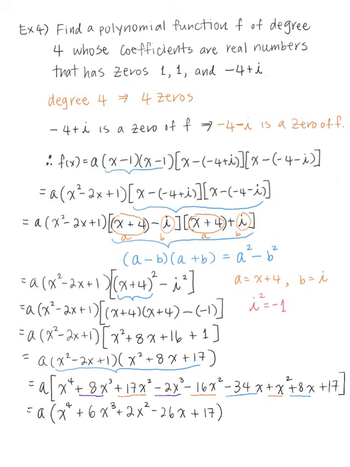Done. Now your a can be anything, positive 1, negative 1, whatever you want. So here is the polynomial function of degree 4 whose coefficients are real numbers, and that has the zeros of 1 repeating, and then negative 4 plus i, and then negative 4 minus i.